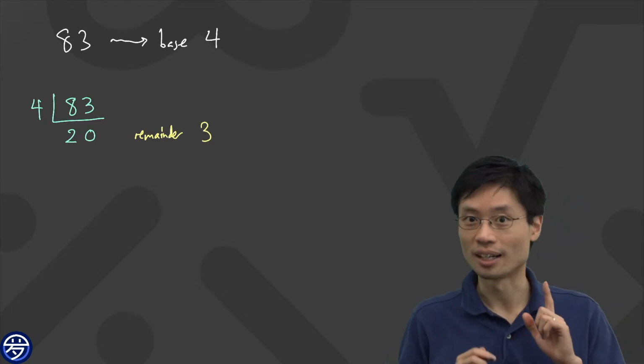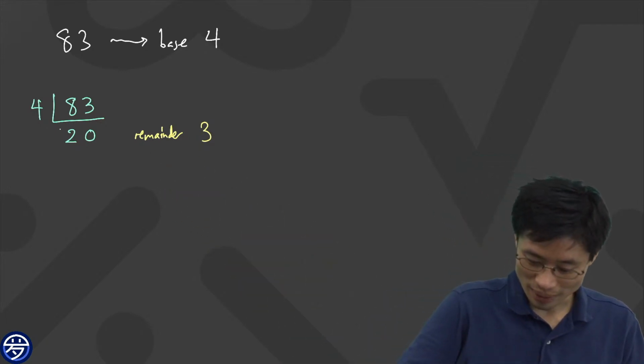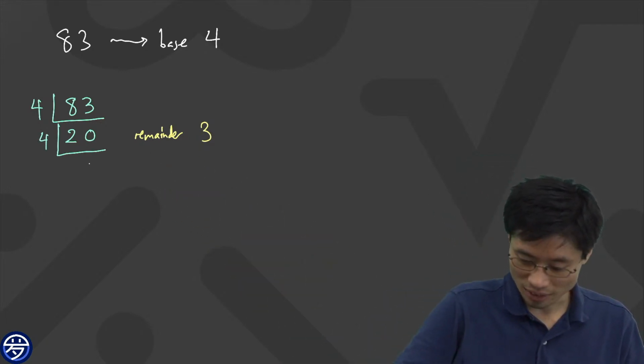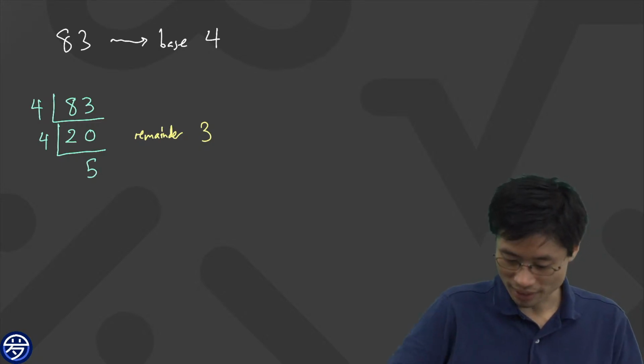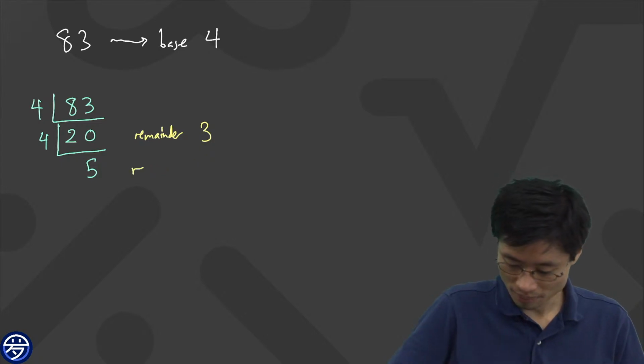Okay, the next thing is you take 20 divided by 4, and you get 5, with a remainder of 0.